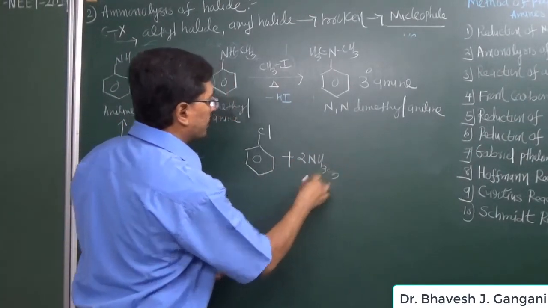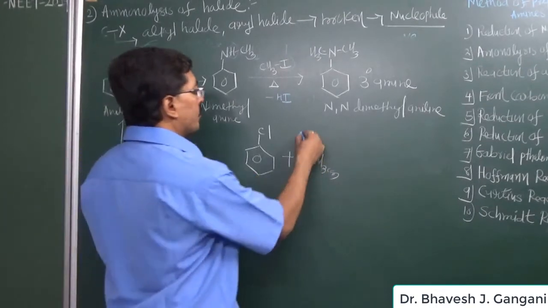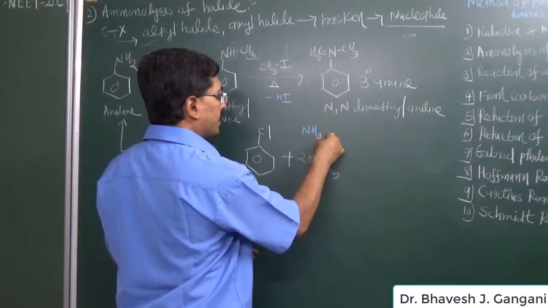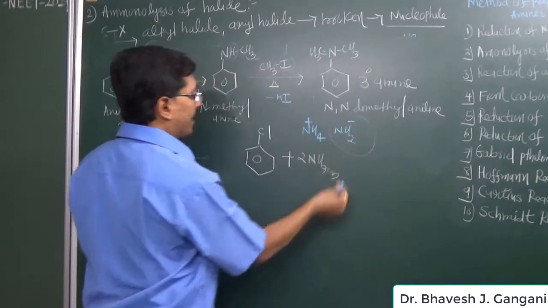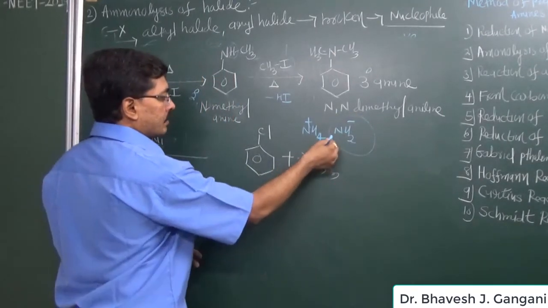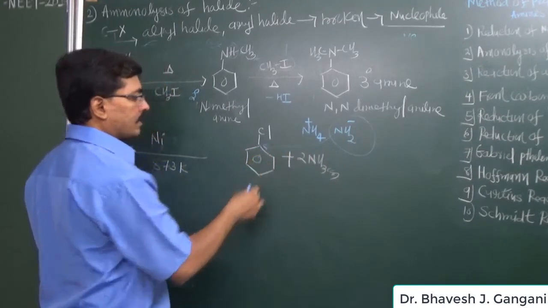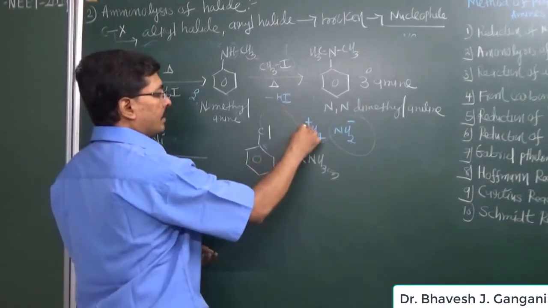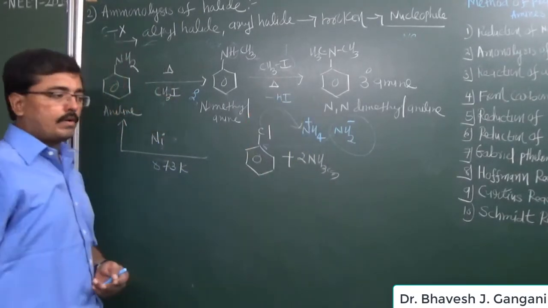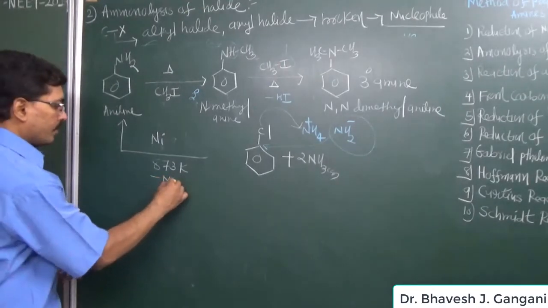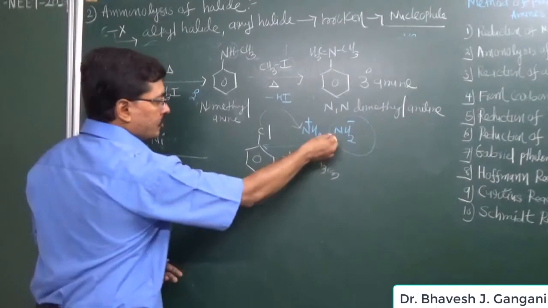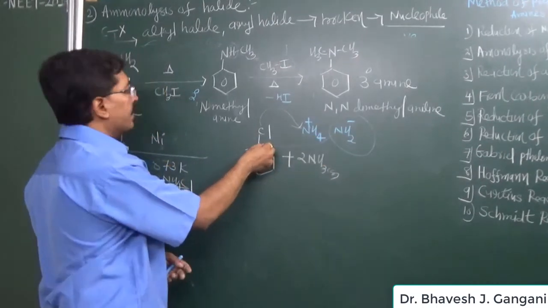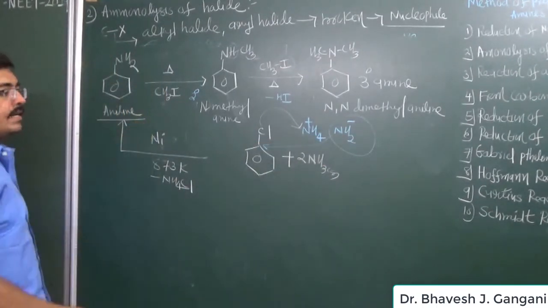As I just informed, due to the self-ammonolysis process it generates NH4+ and NH2-. Now this nucleophile will attack this carbon, and chlorine with the electron pair is removed in the form of ammonium chloride. So ammonium chloride is obtained as a byproduct, and the NH2 group joins with the phenyl ring, and as a result we get aniline.